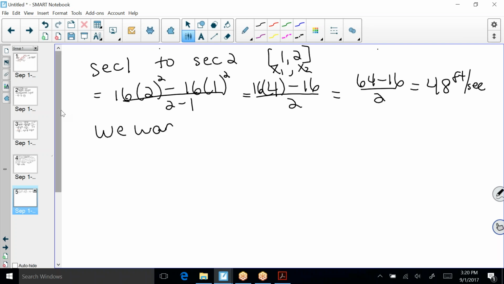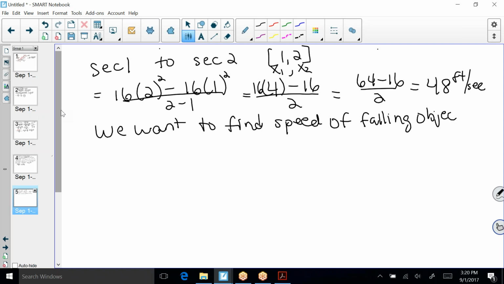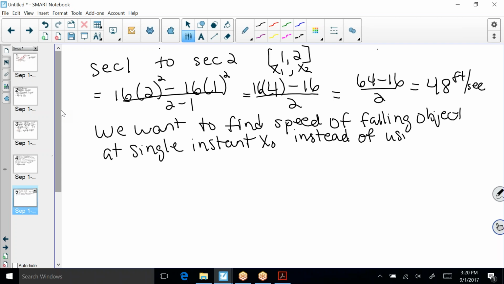So we want to find the speed of a falling object at a single instant x sub 0 instead of using an average. Because our average rate of change that we've been calculating is an average in an interval, but we want to find that speed at a single instant.